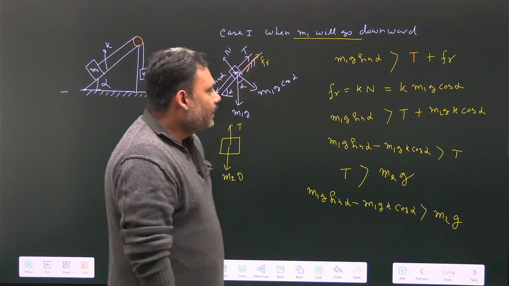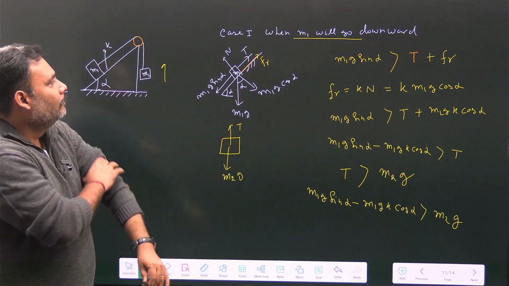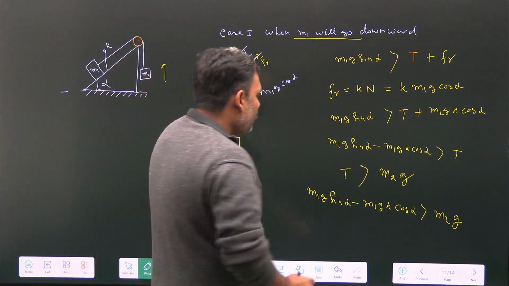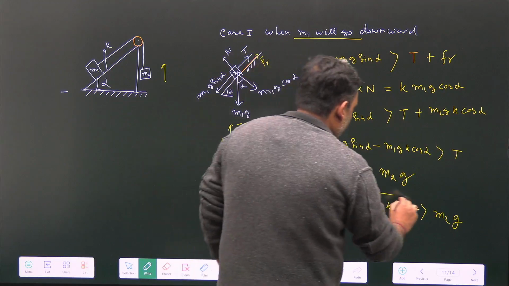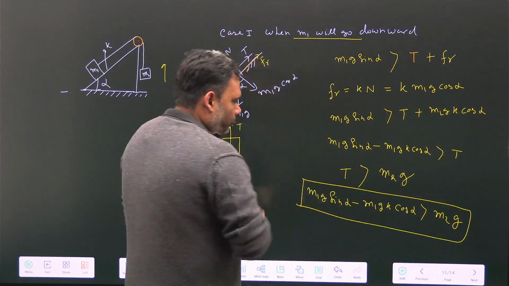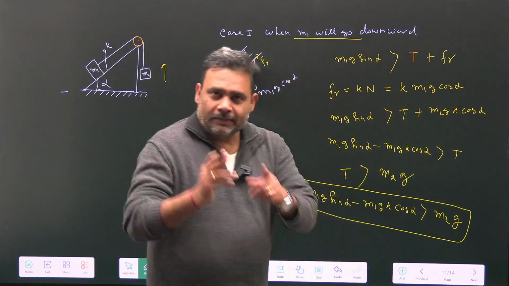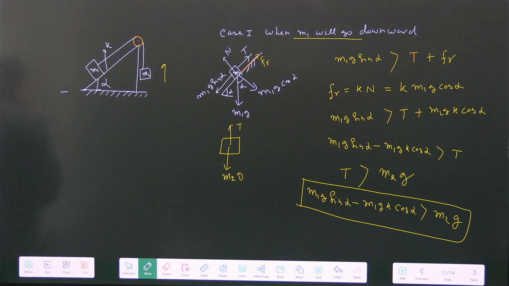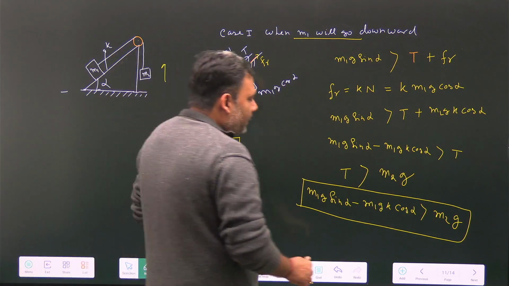Okay, let's try to go for the second condition when m1 will go upward. ये समझ में आ रहा है यहाँ तक स्टूडेंट्स? ऑनलाइन वाले स्टूडेंट समझ में आ रहा है आपको? ओके, चलो अब दूसरा कंडीशन देखते हैं.